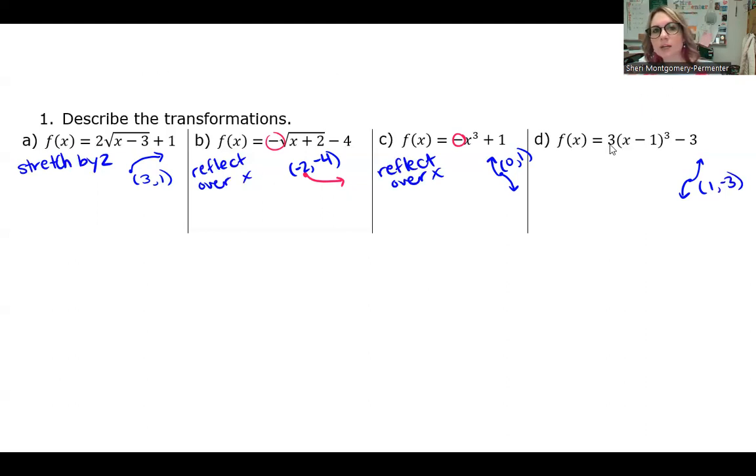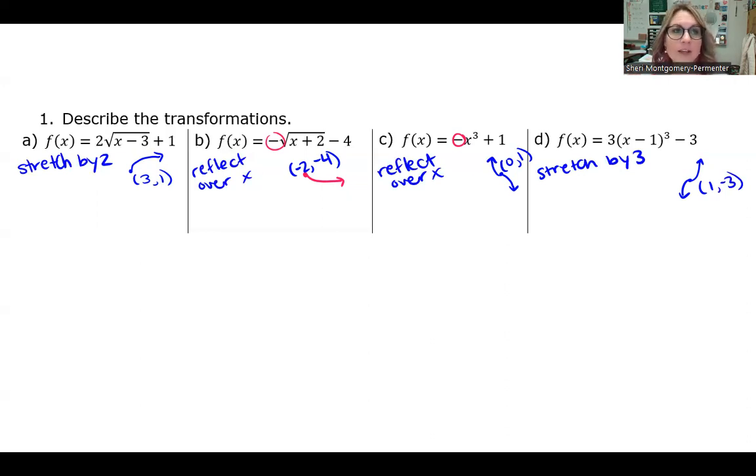And the very last one, there's a 3 out front, so 3 means stretch. If it's a fraction, if it's a 1/2, it means you compress or you get shorter. You get like squatty.